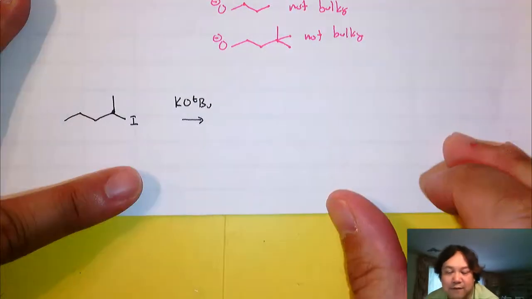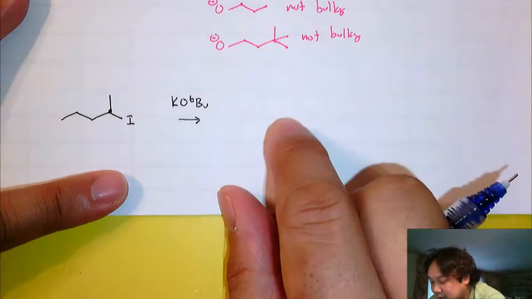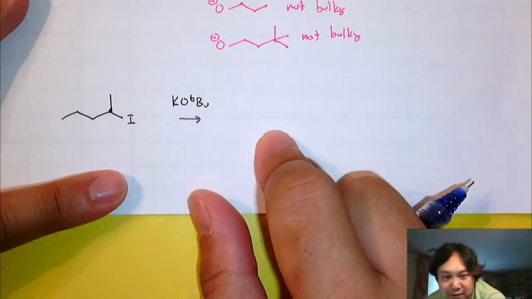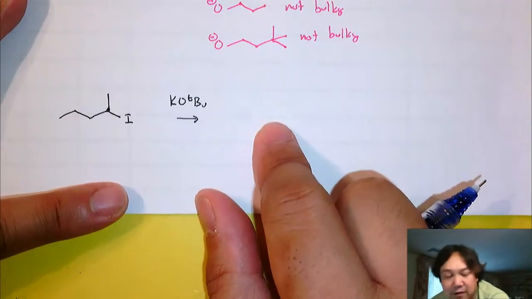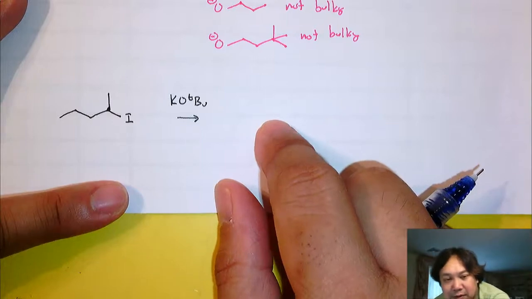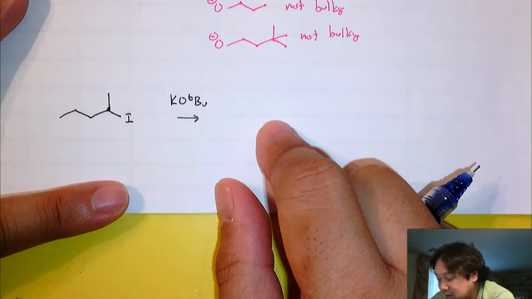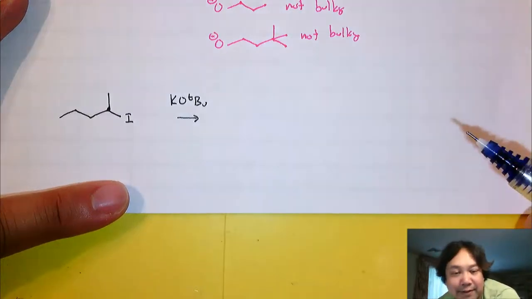Let's see how fast or how accurate we can do this. I want you to draw the product and circle the major product. There's going to be more than one product, I think. Circle the major product and tell me whether it's the Zaitsev or the Hofmann alkene. Okay, pause your video and come back in about 3 to 5 minutes.